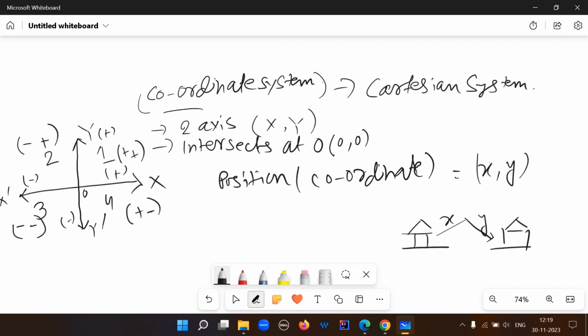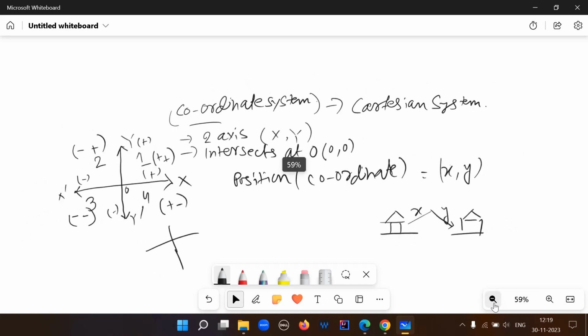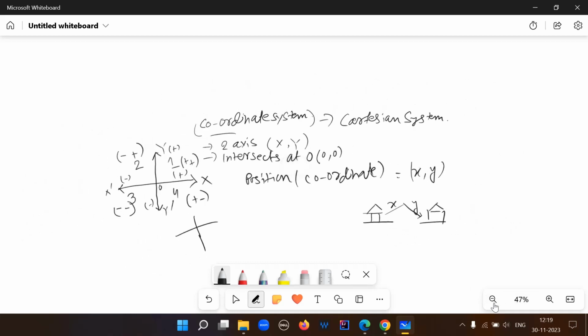Okay, so let's continue. If I say any point, say the point 2 comma 3, what does it mean? It means x has 2 units and y has 3 units.